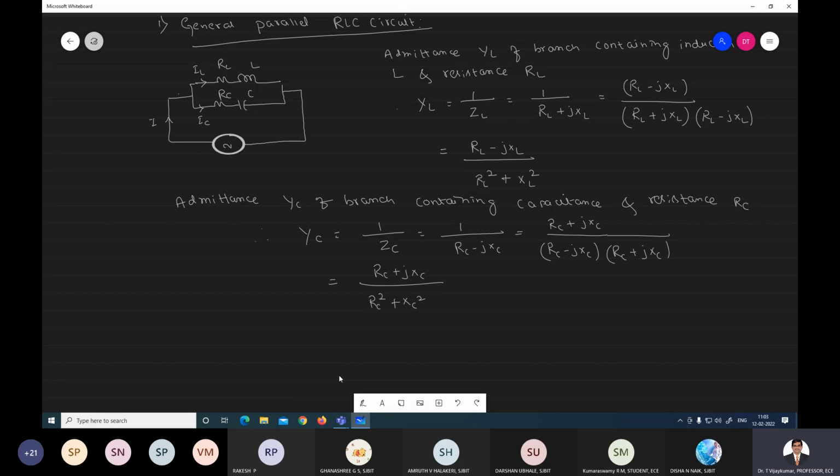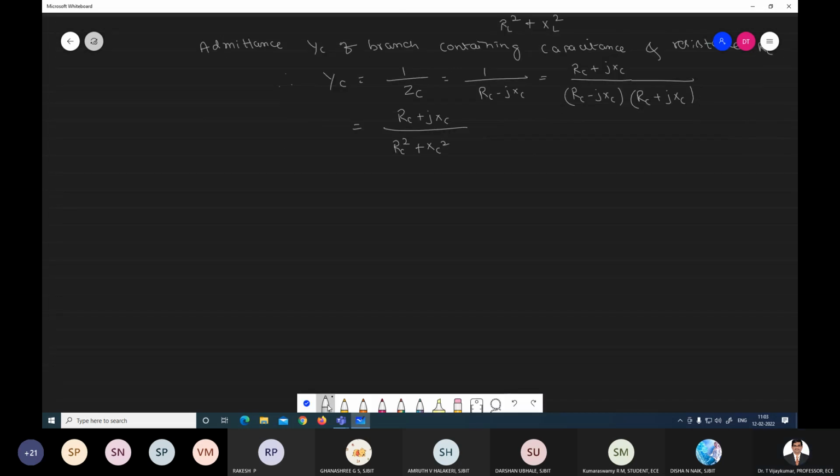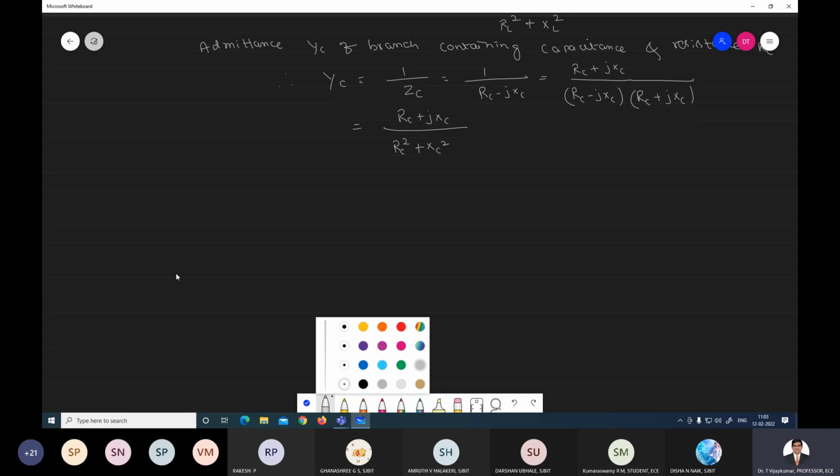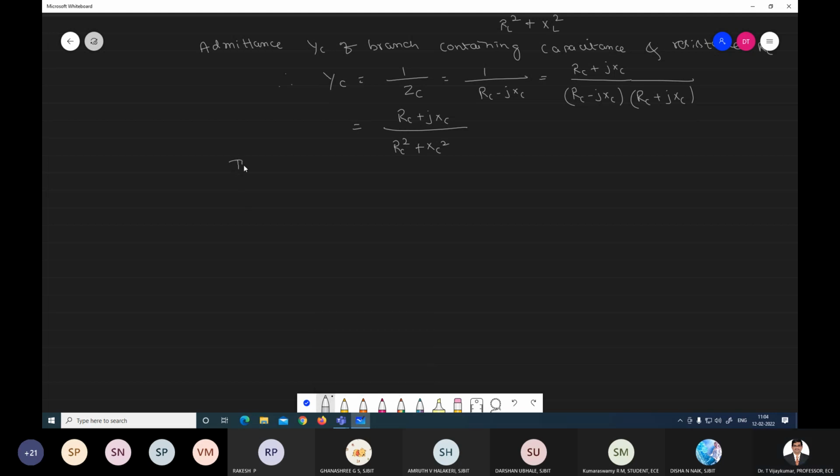Next, what is the total admittance? Total admittance we can represent as YT. YT is the sum of these two, that is the admittance of the inductive branch plus the admittance of the capacitive branch.